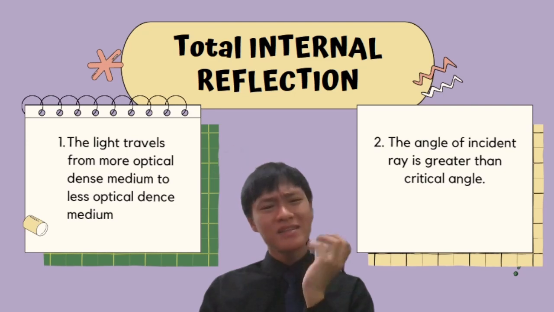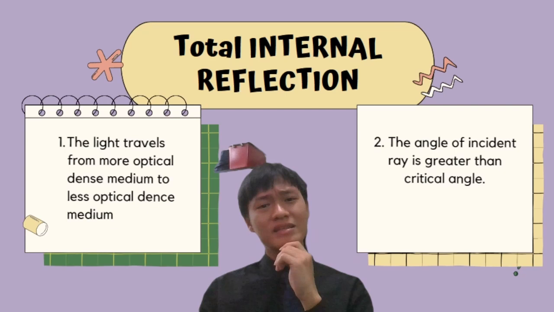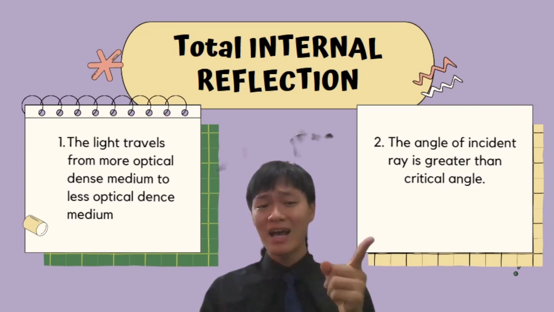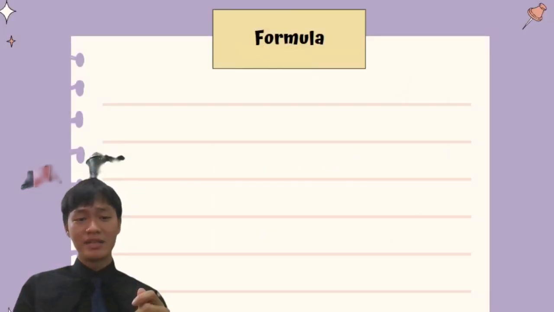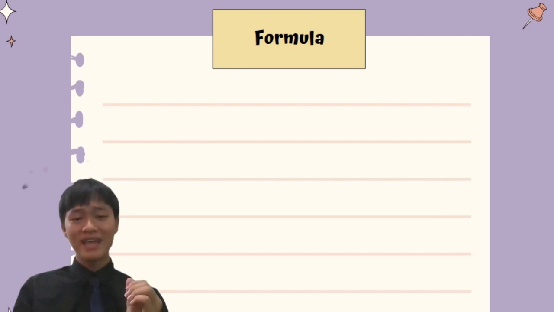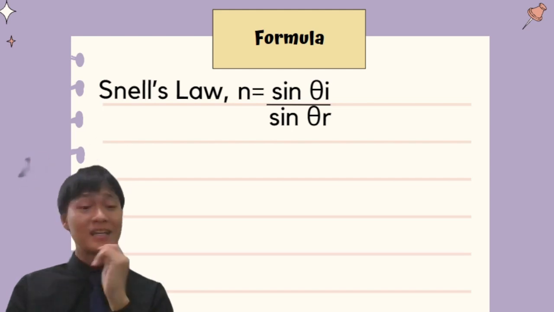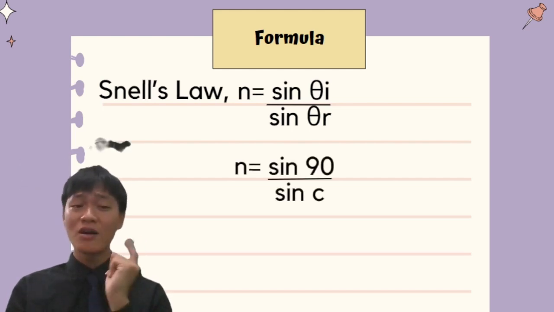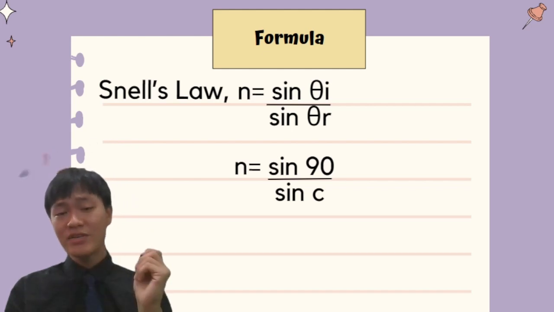So, what is the formula that we can learn in this topic and how do we calculate the critical angle for a certain optical medium? Let's see now. Before this, we have learned Snell's law, where the refractive index n is equal to sine of the incidence angle divided by sine theta of the refraction angle. As we know, the critical angle is the angle of incidence when the angle of refraction is 90 degrees.